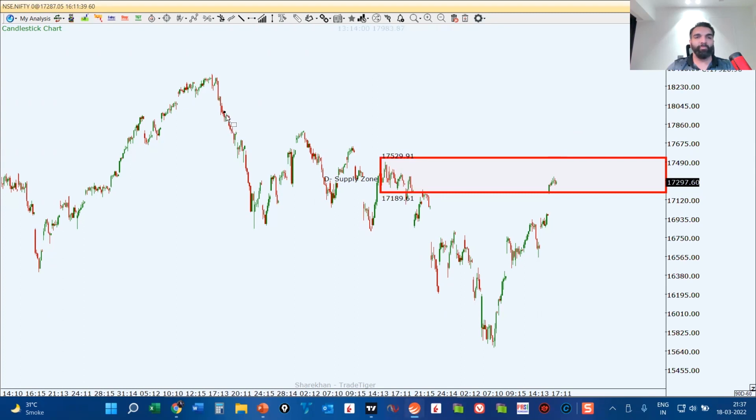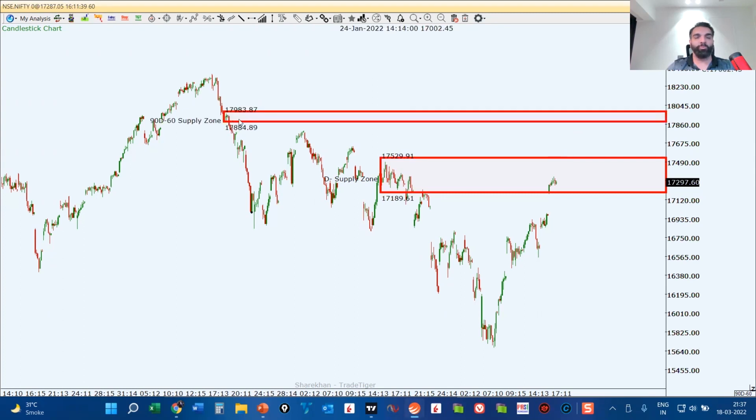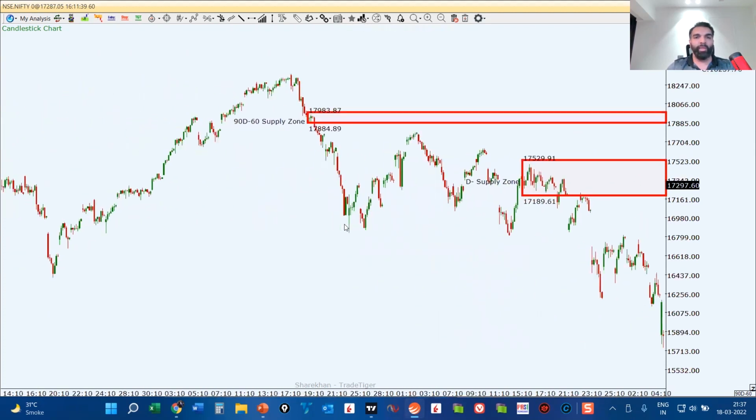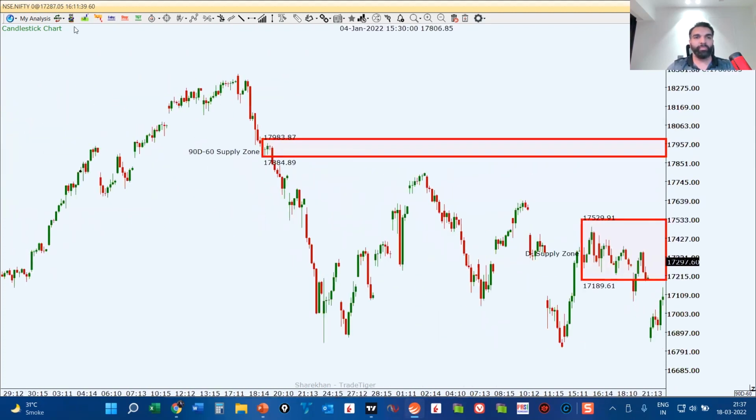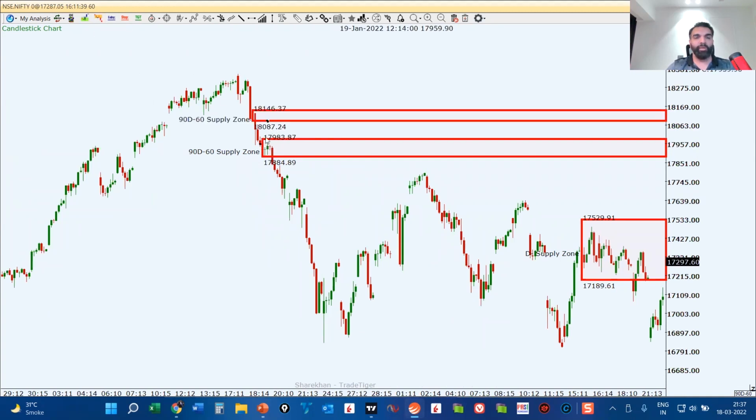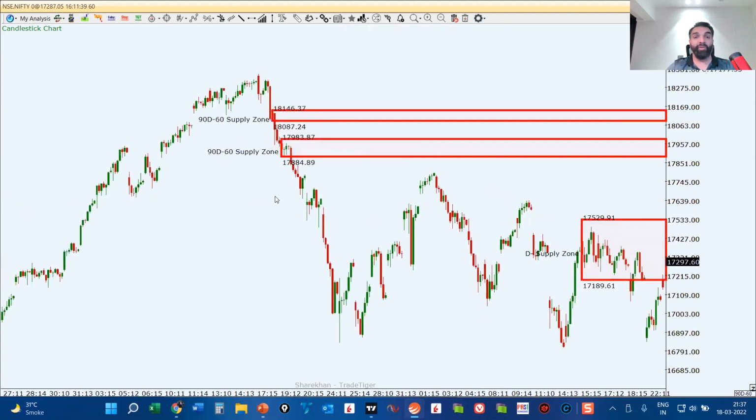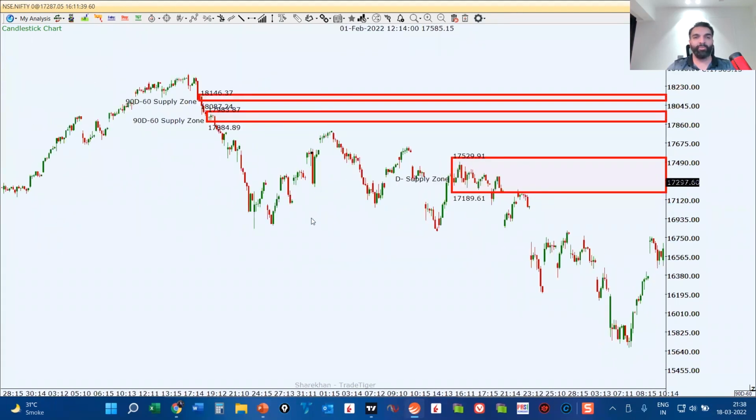So this is one key level to watch out for, which is around 17,900, again a round number. And the other level to watch out for is this area over here. Right, so this area is 18,087, which is in fact coinciding with the open interest level.